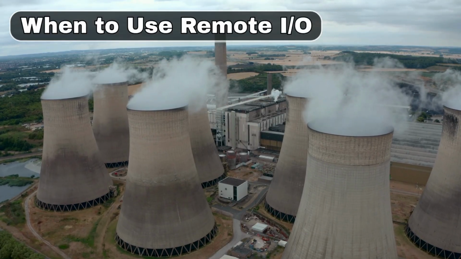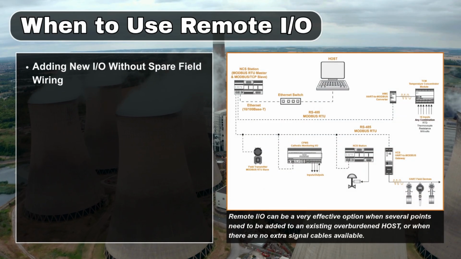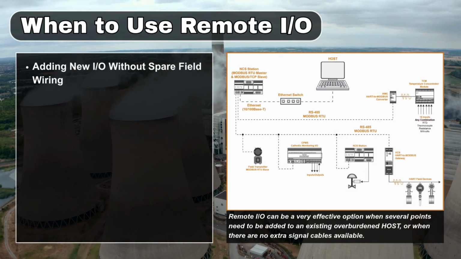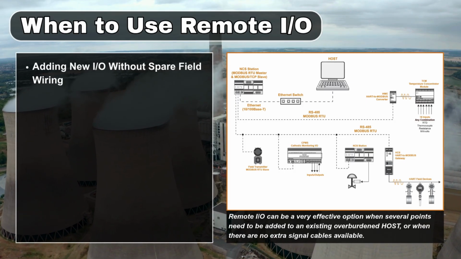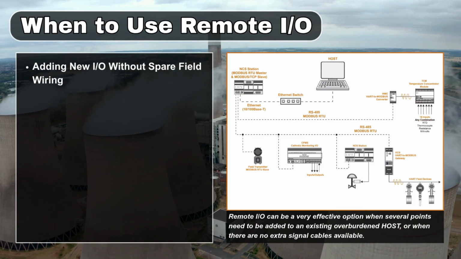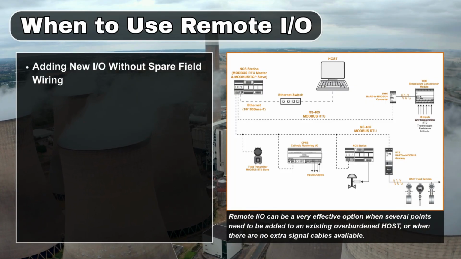Remote I/O is particularly valuable in a few common scenarios. When a plant needs to add new measurement or control points, but has run out of spare field wiring, a single twisted pair freed from an existing transmitter can serve as a communications cable, carrying a dozen or more new I/O points back to the control system.